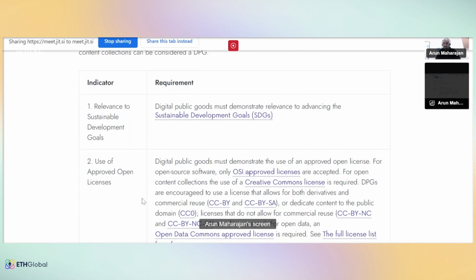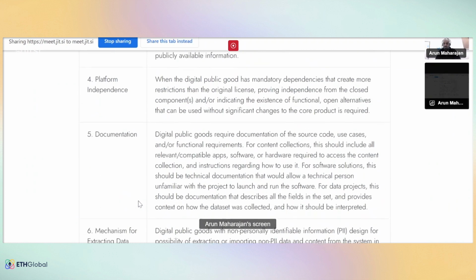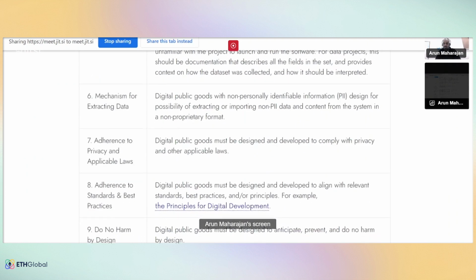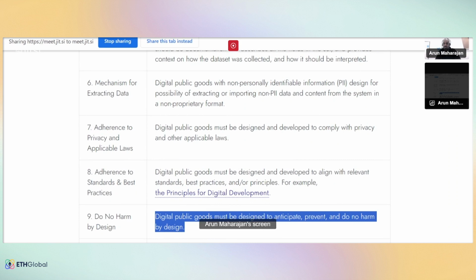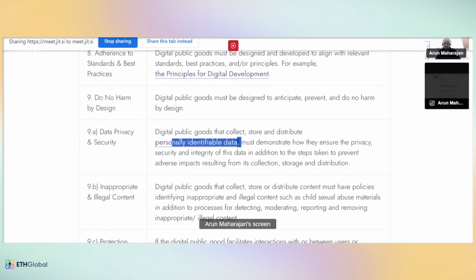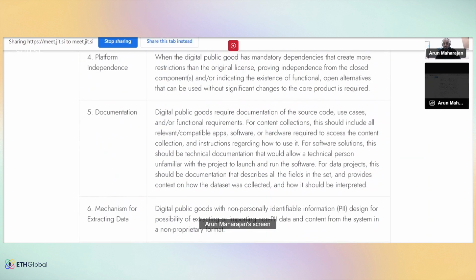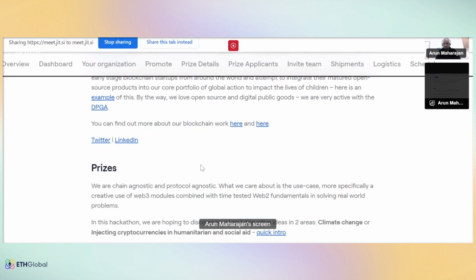For example, platform independence, where we don't use any closed loop or closed components. I've mentioned a little bit of do no harm, and personally identifiable data, but you can take a look at the standard itself to get some idea.